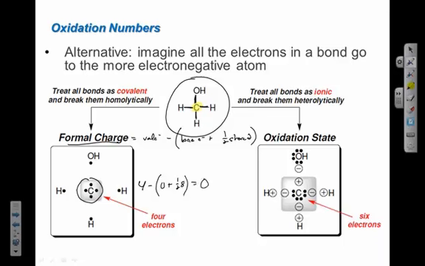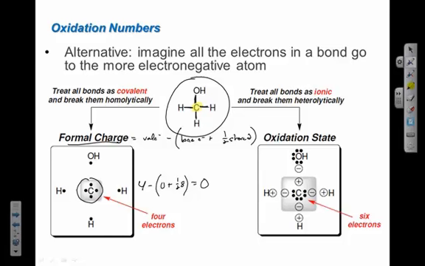Right? So that's what we used to judge whether the carbon was stable. When we drew a Lewis structure, we calculated its formal charge that way. Oxidation number is very similar, except instead of splitting up the electrons and always splitting shared electrons evenly, we use the electronegativities to split the electrons unevenly between atoms with different electronegativity.